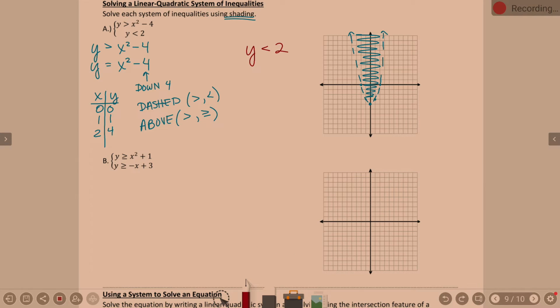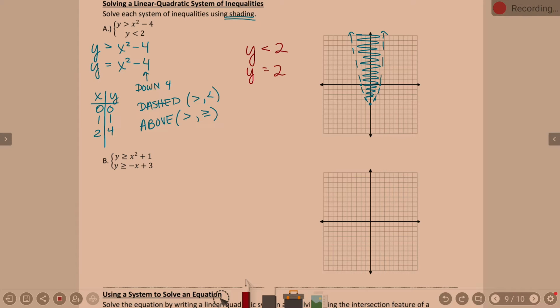Y less than 2. Now, again, in order to graph y less than 2, my recommendation is, okay, forget the inequality symbol for a moment and ask yourself, how do we graph the line y equals 2? Any thoughts? Again, you have to dig deep, don't you?